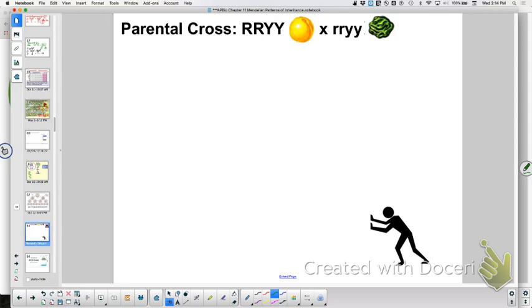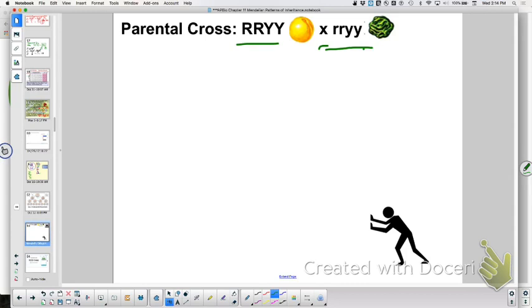Now, here are some peas having sex. This one over here is a true breeding round yellow pea plant. This one over here, tell me what this one is. True breeding what? Wrinkled and green.